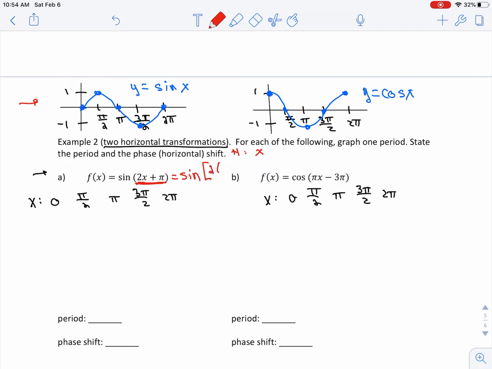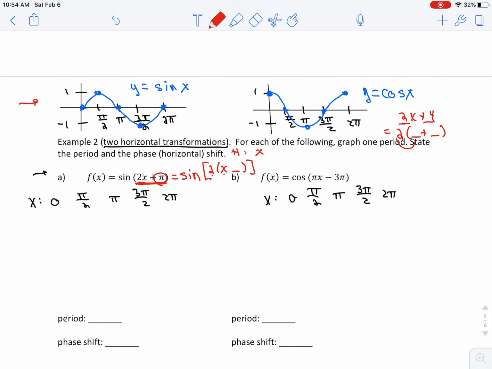So we get 2 times the quantity x, because 2 times x gives us 2x. And then we're trying to figure out what goes right here. Well, we have to look at the pi that we have here. So when you're factoring, like if I tell you to factor 2x plus 4, then usually you say, okay, I'm going to factor out that common factor of 2. And because there are 2 terms here, I need 2 terms here.